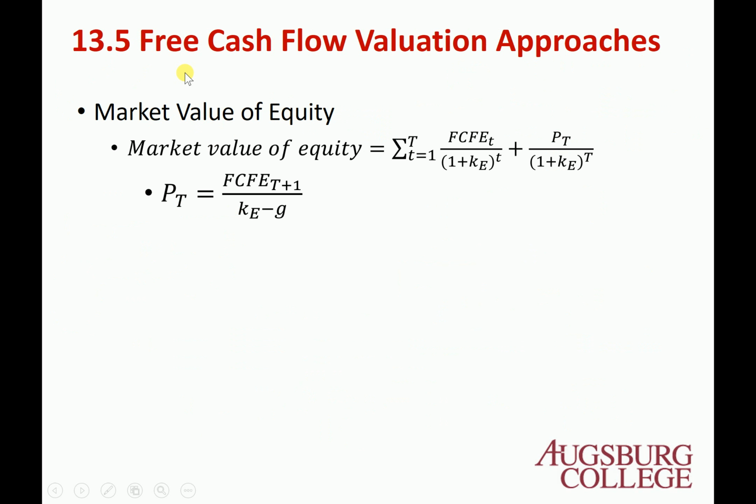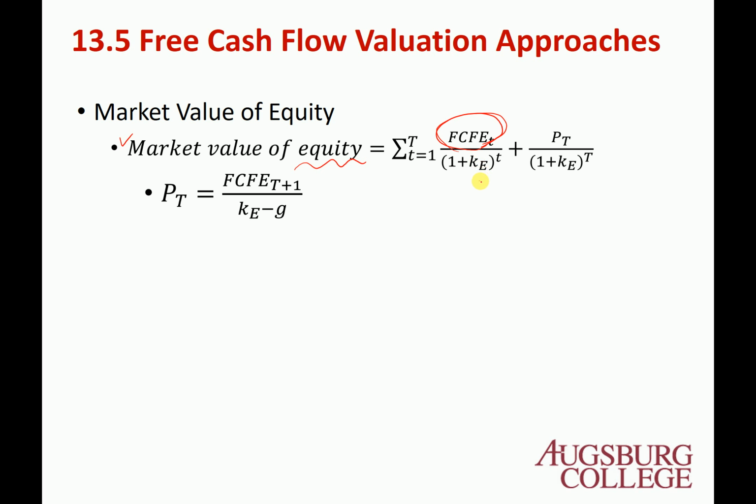Okay, now let's use the free cash flow to equity holders. Instead of using the free cash flow for the firm, we can directly use the free cash flow to equity holders to find this value too. So instead of firm value, we calculate the market value of equity right now. There are two differences. One, you have to use the free cash flow to equity holders, so this is direct equity value.